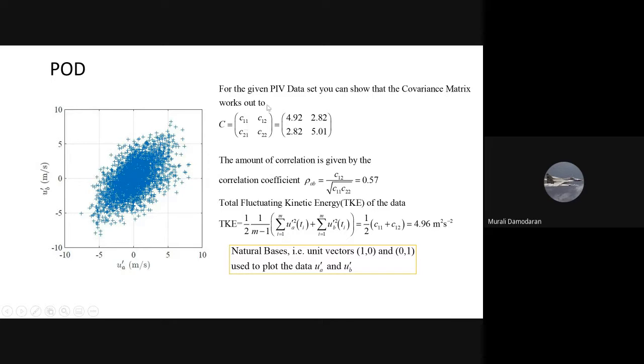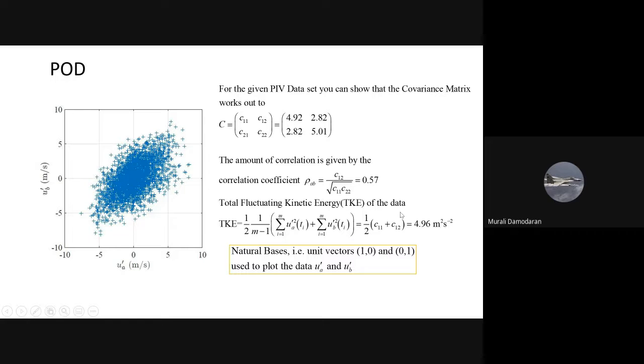It depends on this. And the total fluctuating kinetic energy of the data will be this one here. You can see these terms, the diagonal terms, C11 and C22, because it is the square of the fluctuation, that is something like the kinetic energy.